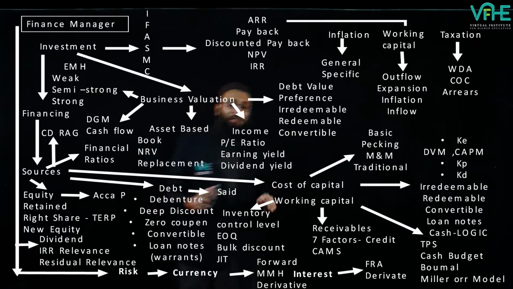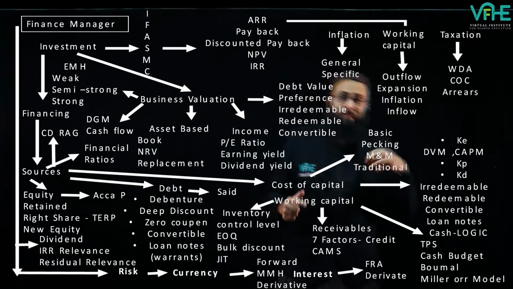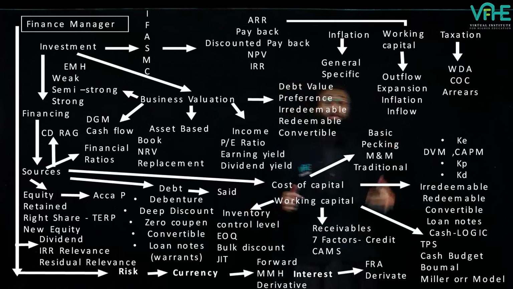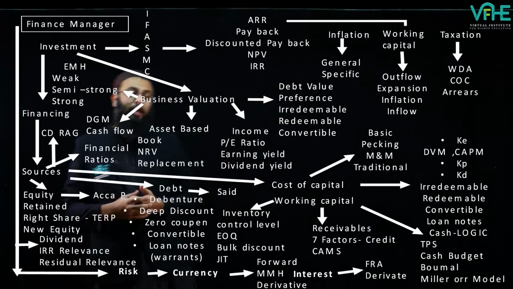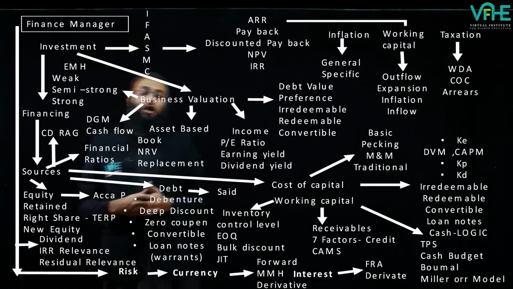So these yield curves are determined by a combination of three theories. One is known as the liquidity preference theory, which means that people prefer liquidity. If you invest in the long term, you will take a higher rate because you are investing for a longer time period.